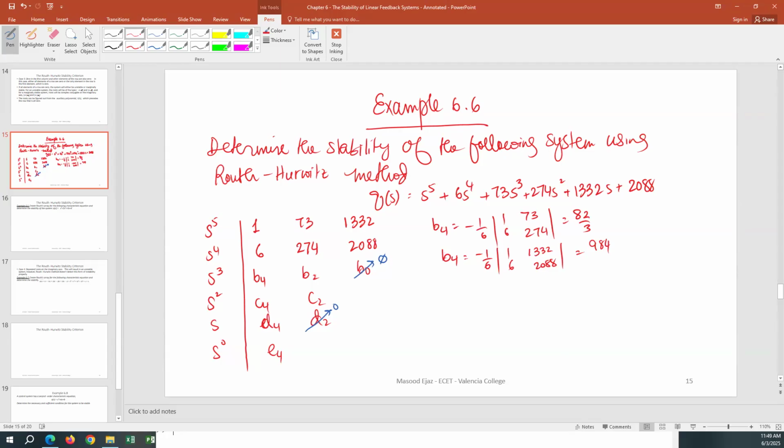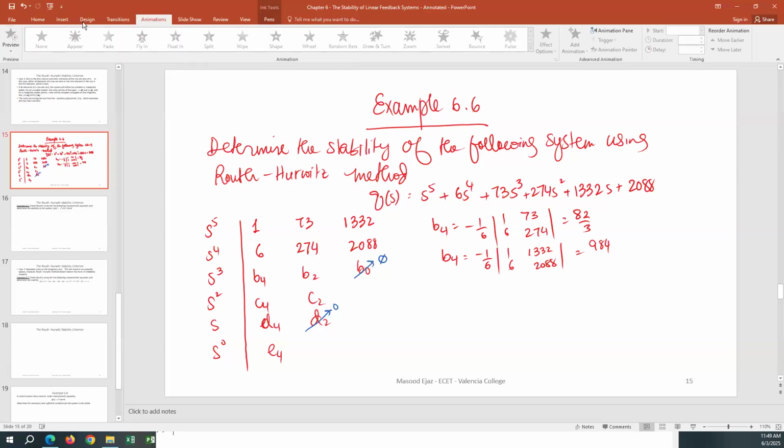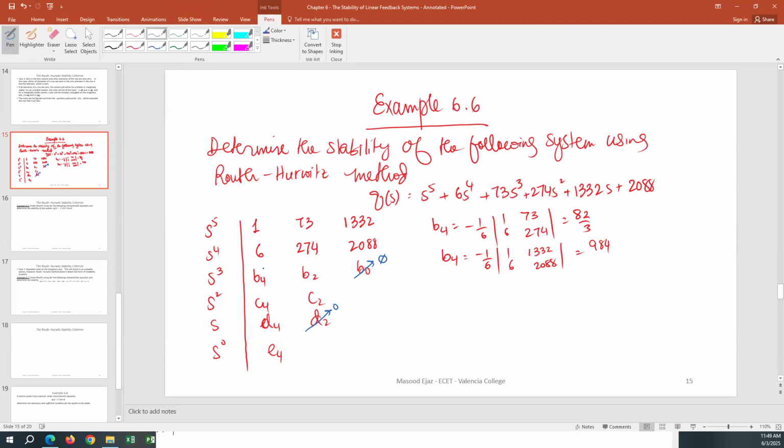So these are both positive quantities. So far, so good. 82 over 3 and 984. And of course, this is going to be 0 because our second row is going to be 0, 0.